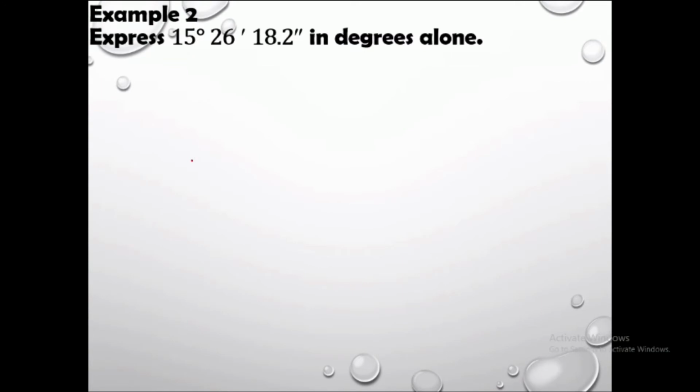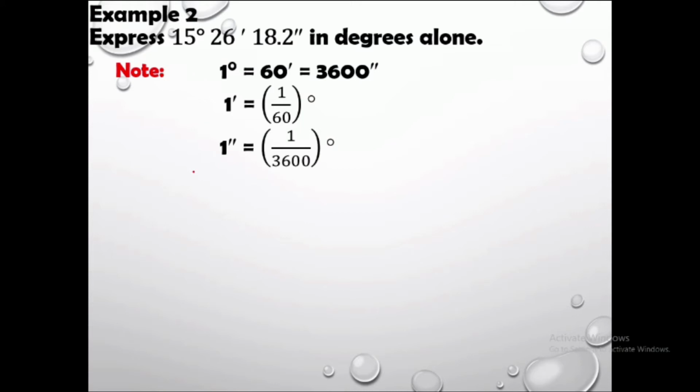Example number 2. Express 15 degrees, 26 minutes, and 18.2 seconds in degrees alone. Note, 1 degree equals 60 minutes and equals 3,600 seconds. 1 minute equals 1/60 degrees and 1 second equals 1/3,600 degrees.